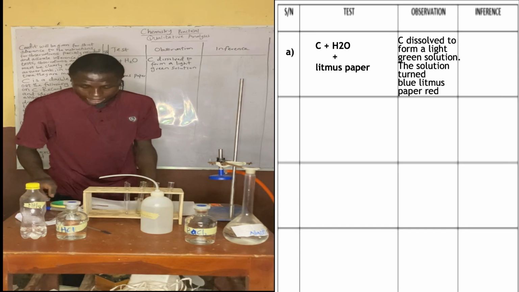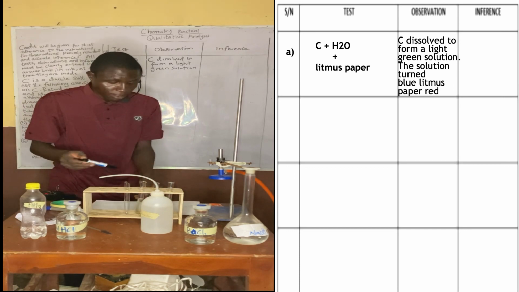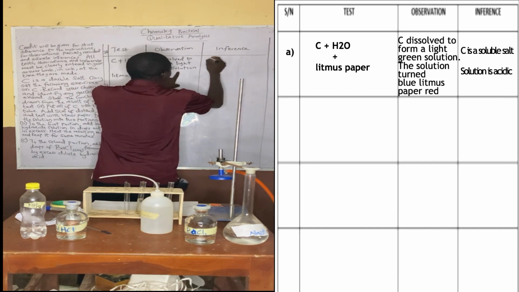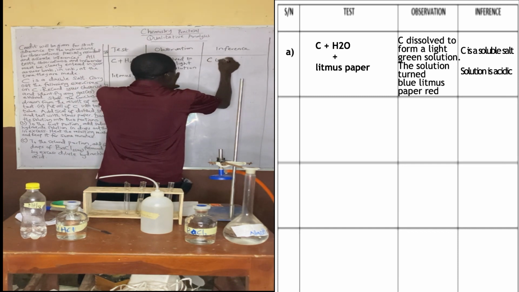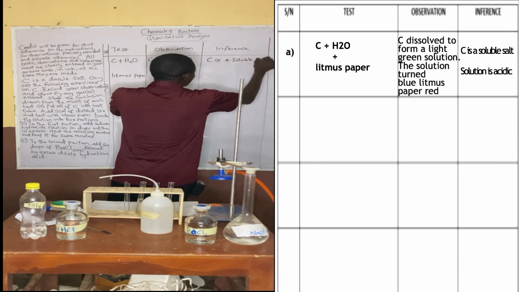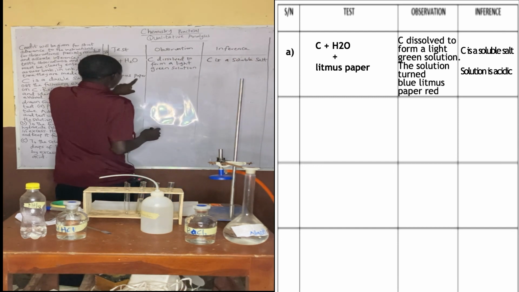Now you can write this as your inference: C dissolved to form a light green solution, so C is a soluble salt. And then look at the litmus paper.